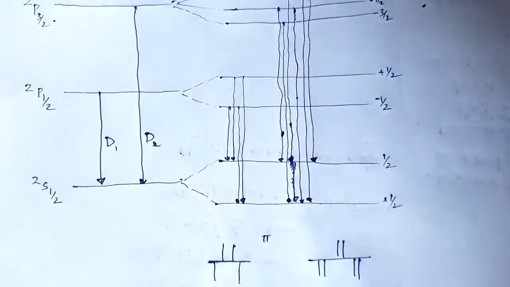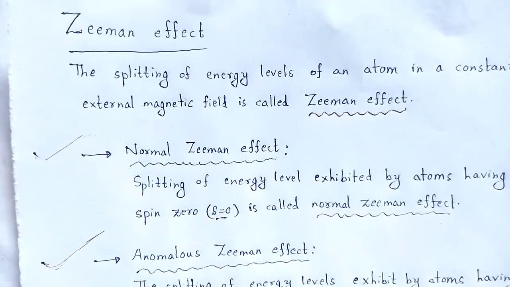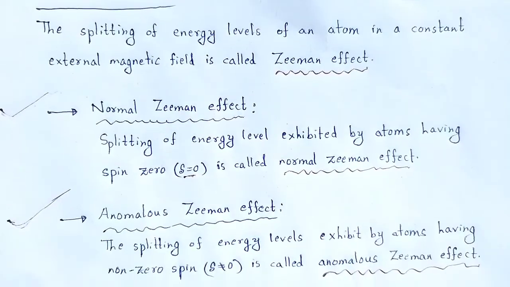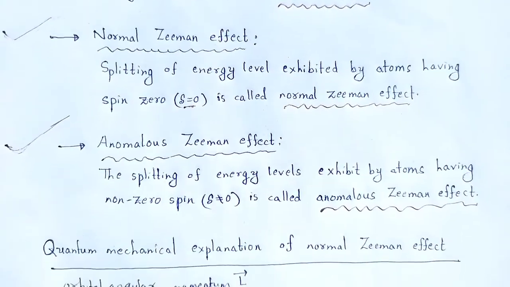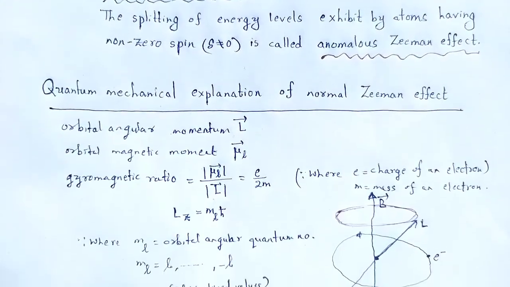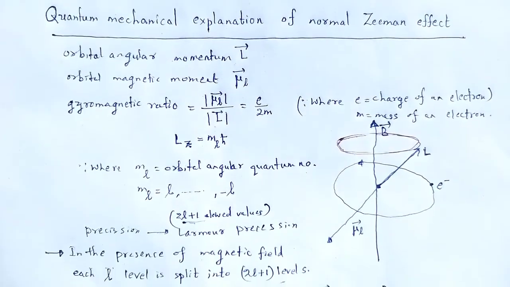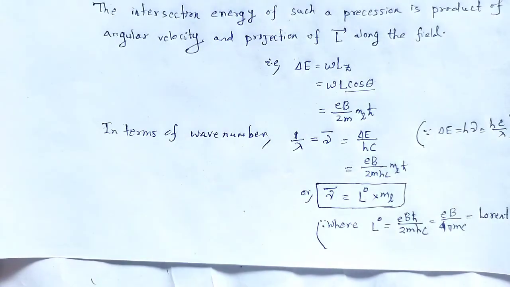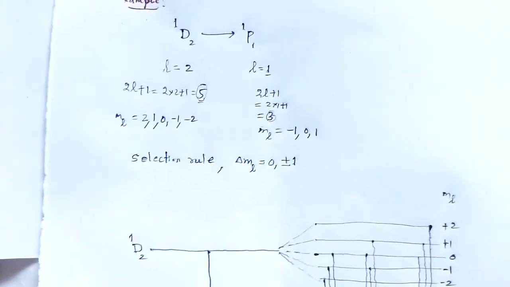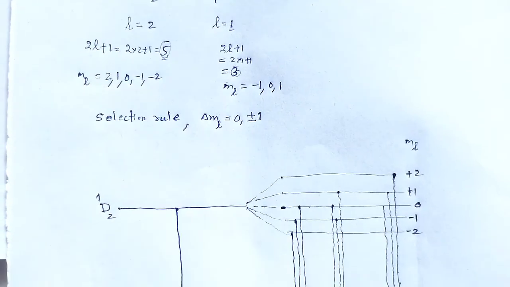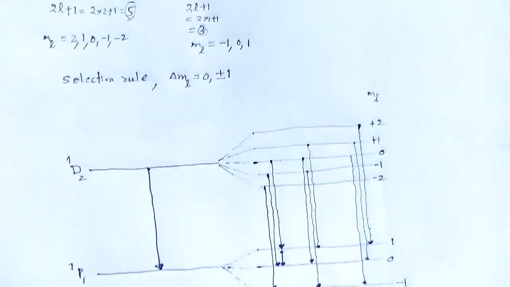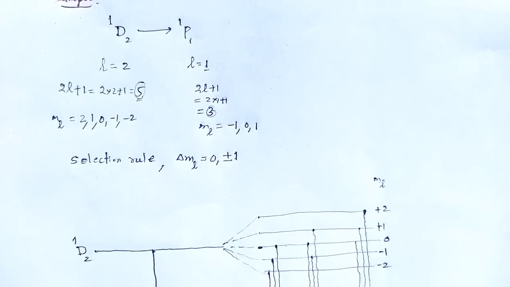With the help of this video lecture, we understand what the Zeeman effect is. There are two types of Zeeman effect, the normal Zeeman effect and the anomalous Zeeman effect, and the quantum mechanical explanation of the normal Zeeman effect. And the example of the normal Zeeman effect, how the spectral lines are formed.